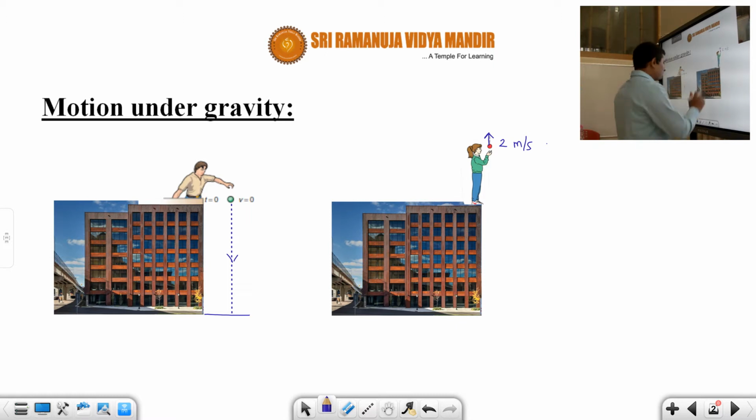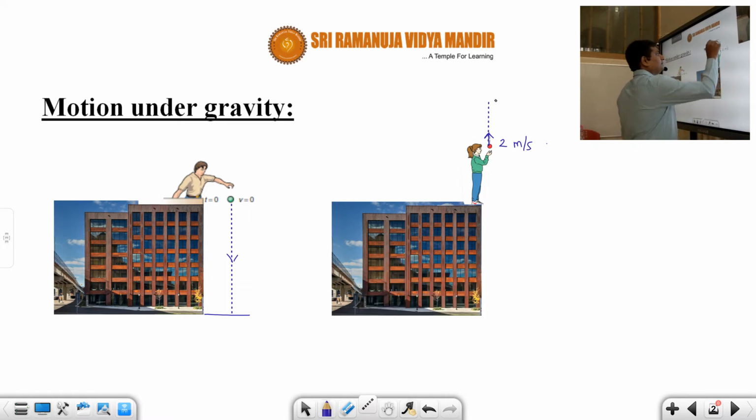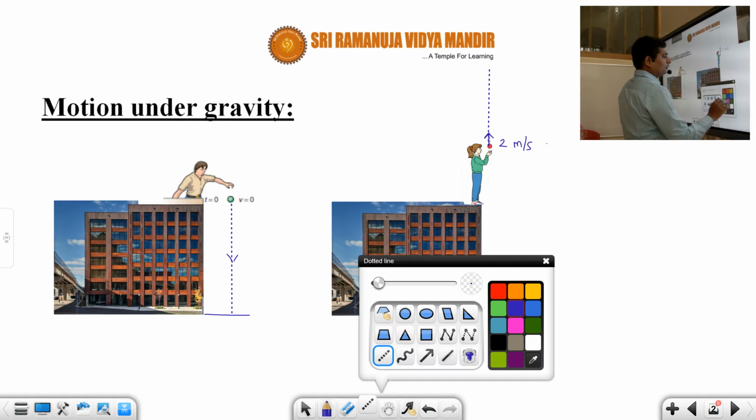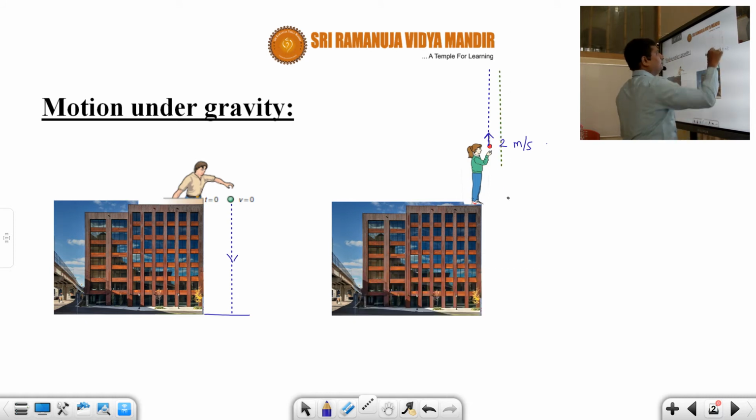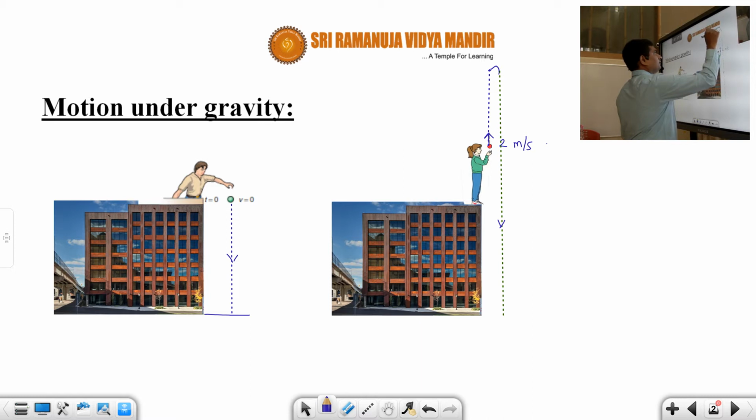No, it will go upwards for some time, and then it will come downwards. We all experience that it goes up for some time and then falls on the ground. So why does it happen like this? Why does it go upwards for some time and then come downwards again?